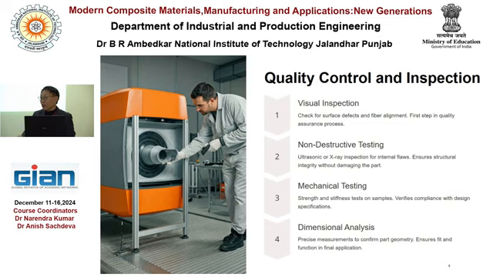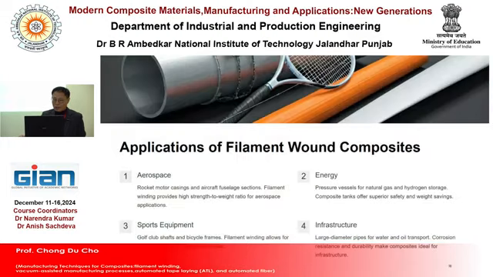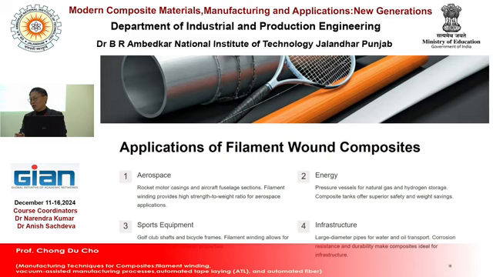So it's very large scale, and its dimension must be very tightly accurate. And application of filament wound composites is aerospace, sports equipment, energy, and infrastructure. So if it is a tubular type body, in that case it will be chosen for filament wound composite type.